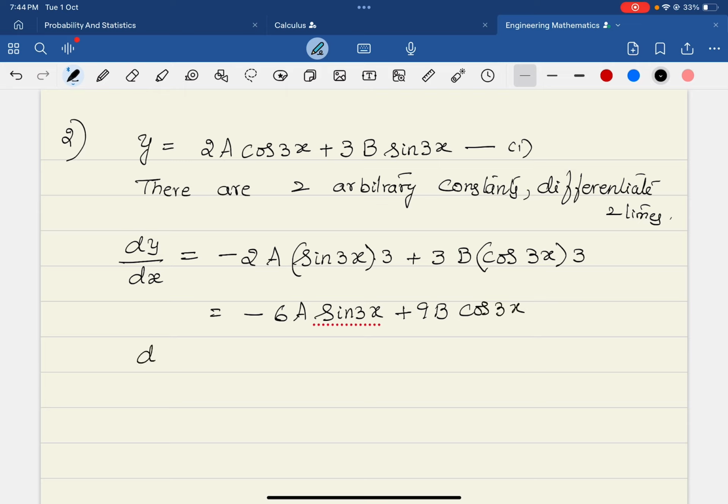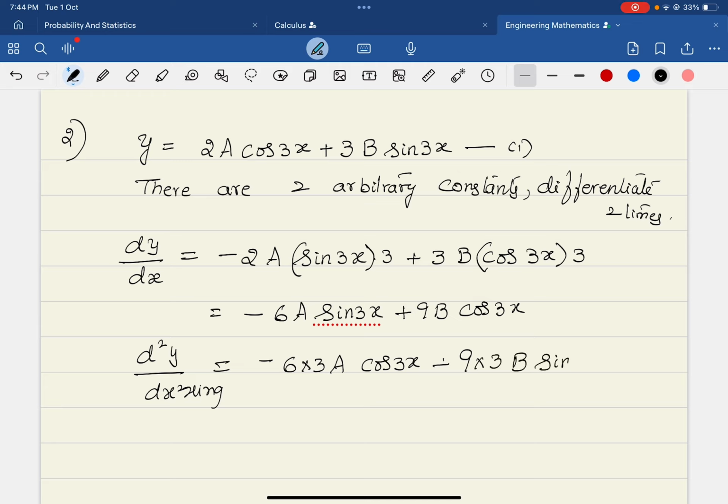Now once again we have to do the differentiation d square y by dx square, and that gives you, now sine derivative again becomes cosine. So what is this? Minus 6 multiplied by 3 times of a cosine 3x. Again, now this is 9 multiplied by 3 times of b.